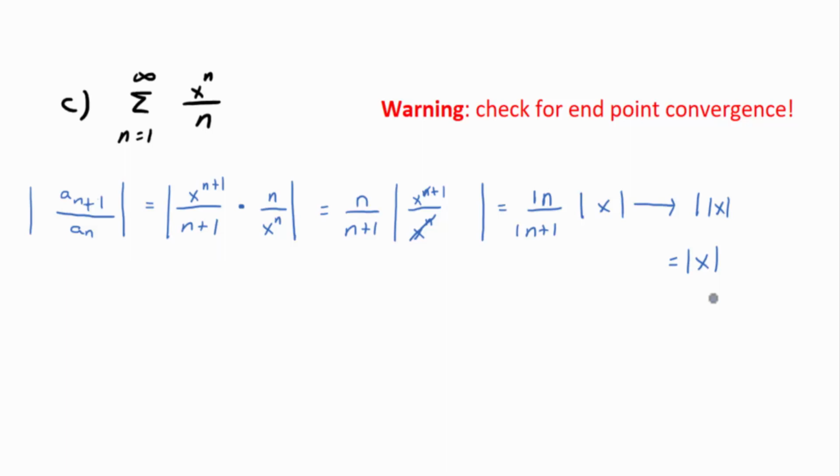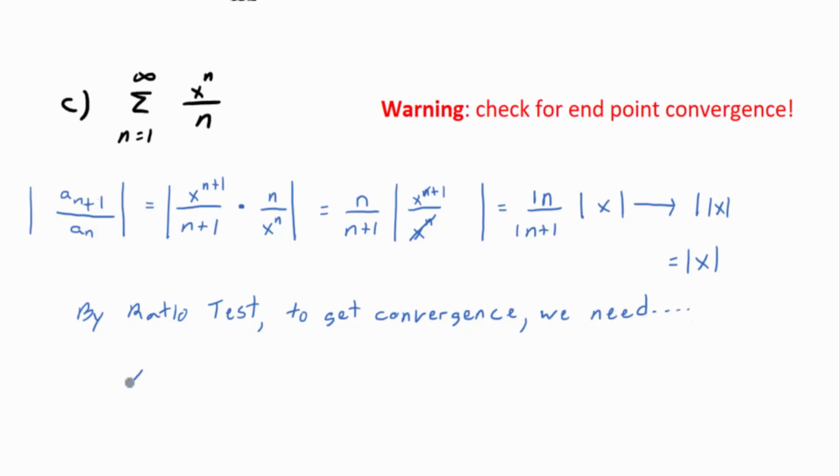So by the ratio test, to get convergence, we need the absolute value of x to be less than what? We need this. That gives us our interval.